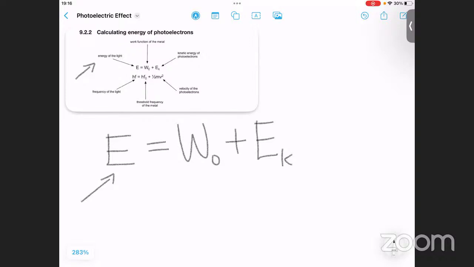On that formula, we've got something called the work function of the metal. We will also discuss more on that. I'm pretty sure that you are familiar with the kinetic energy. Remember, in this case, we are talking about photoelectrons, so that will be referred to as the kinetic energy of the photoelectron.